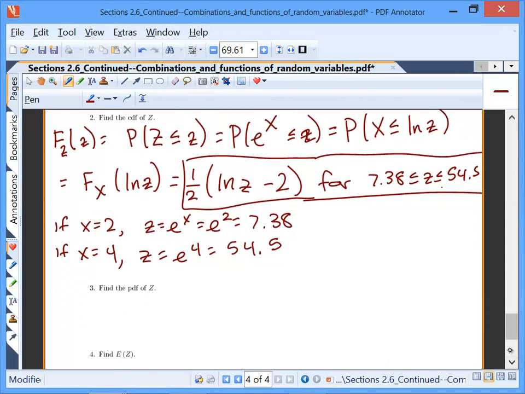And again, how do I go from the CDF of z to the PDF of z? I need to differentiate.